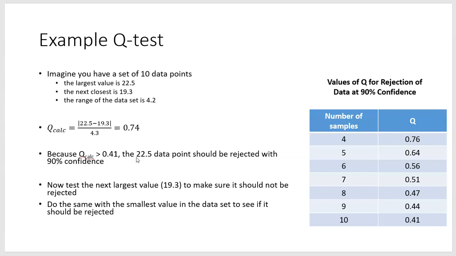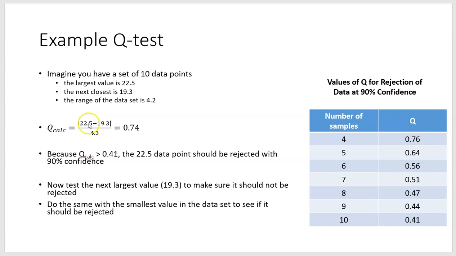So now you're going to test the next largest value, 19.3. Here it's going to be different. The range is going to be different, because before it was 4.2. The range is only going to be like 1, because if the range is 4.2 and the largest value is 22.5, the lowest value is 18.3. So the range changes, but this changes on here too.